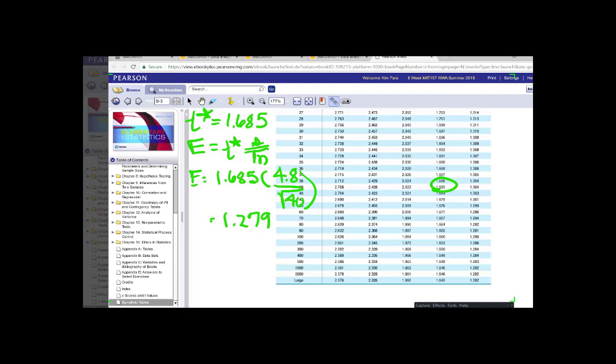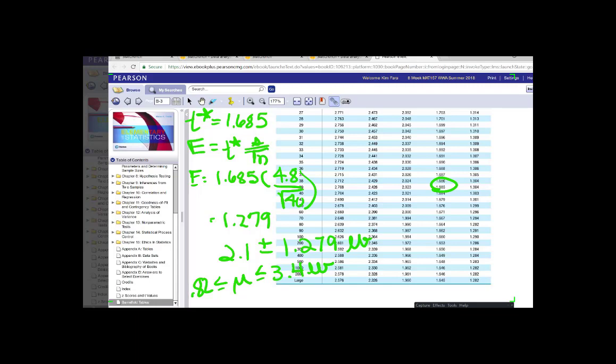So I'm going to take my average weight loss and I'm going to add and subtract 1.279. That's how I would write it. Or I can actually do that, and that's going to be 3.4, and then I'll subtract it, 0.82, and I believe that's the same as what we got with technology.